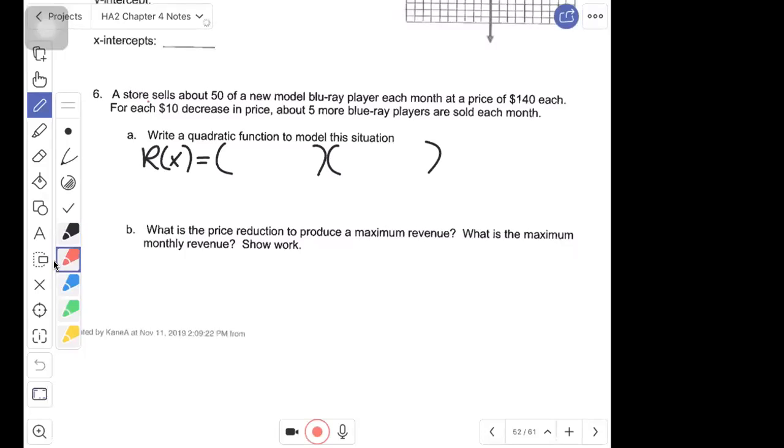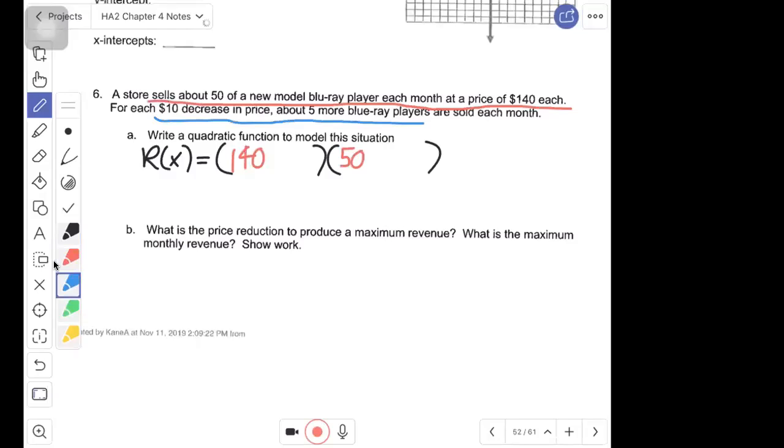If we sell about 50 each month at a price of $140, our first function will represent our price, and our second one is how many we're selling, which is 50. That's what's already happening. And now what's happening if we change it? If we decrease the price by $10, then 5 more Blu-ray players are sold each month.